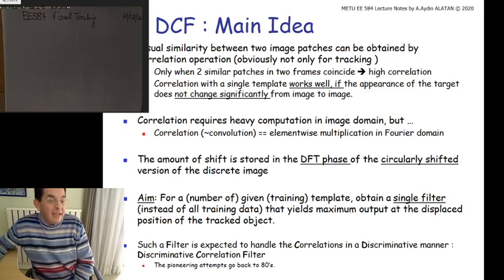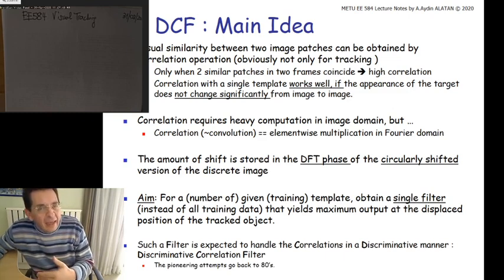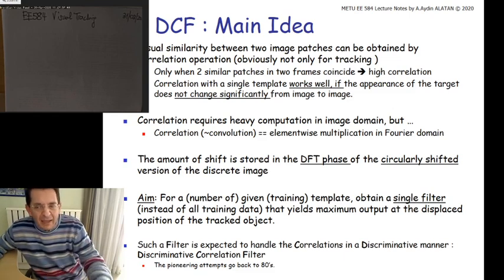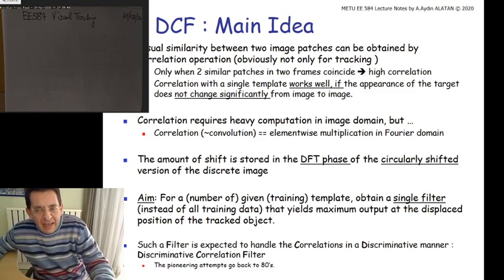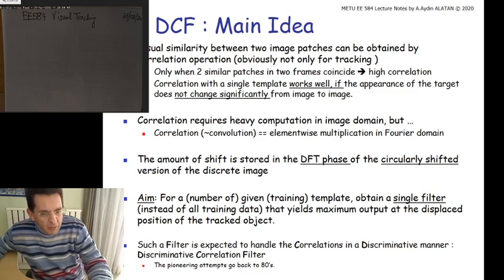Now, that's an attempt going back to the 80s, and in the first attempts there was no tracking. People were just trying to recognize an object, find an object using some training data. The same idea: a single filter, a single representative will help us find the position of the object in a new input. But now we will apply these ideas for tracking purposes.